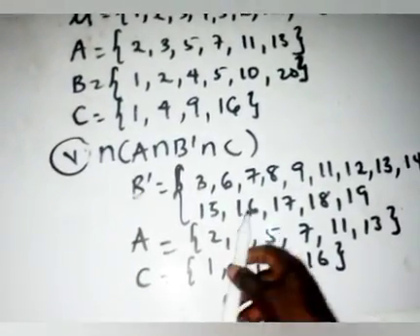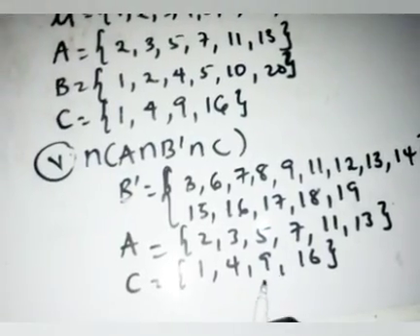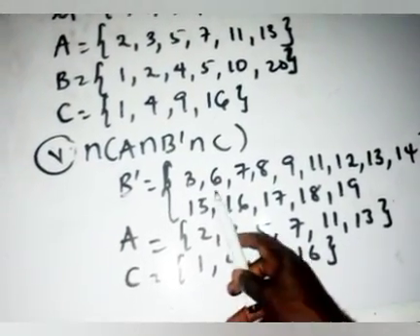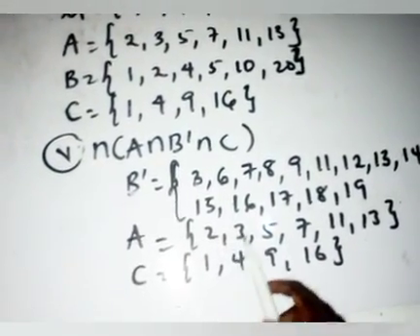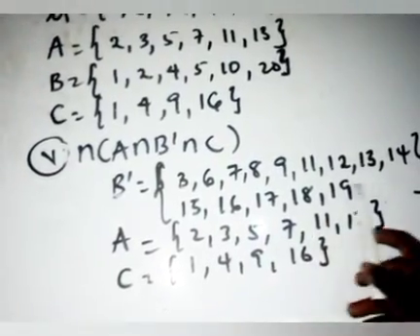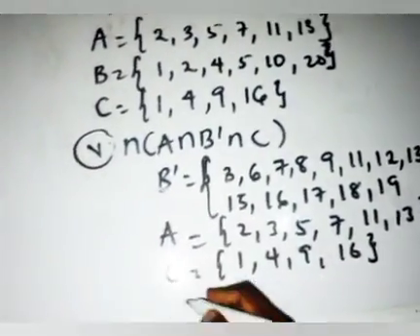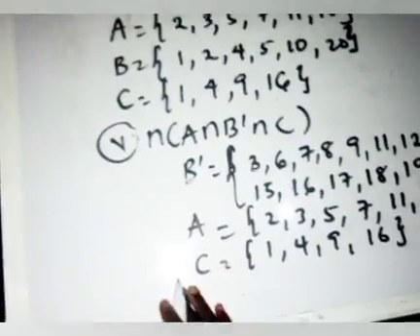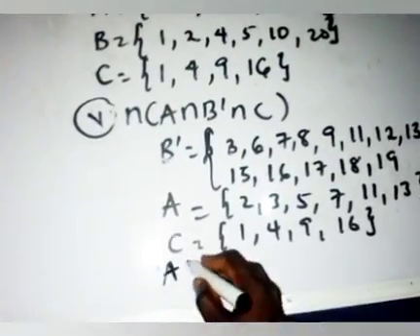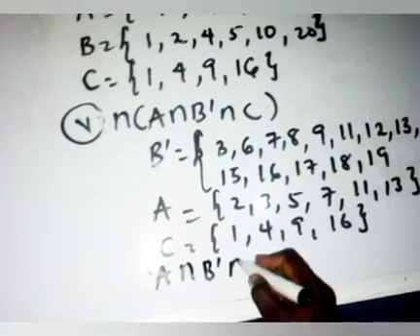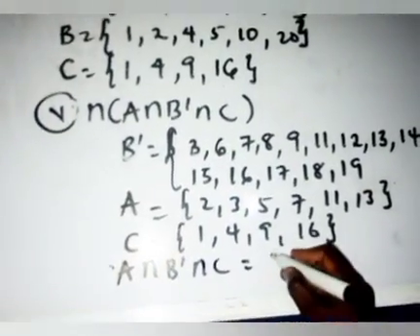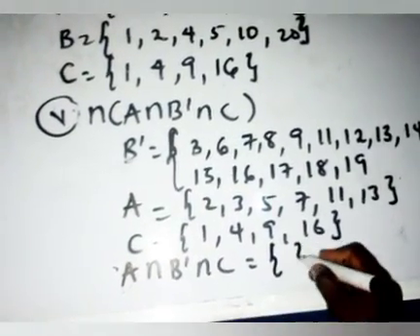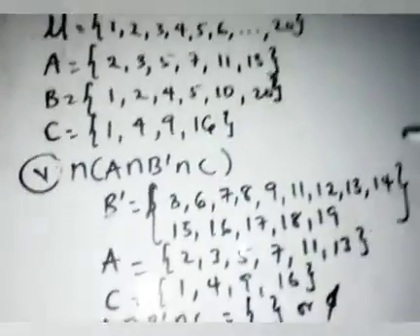What do you have in common? Nothing. So A intersection B prime intersection C includes nothing. That is the empty set.